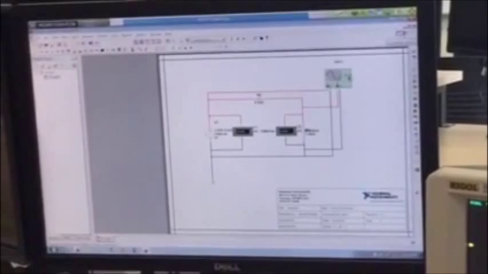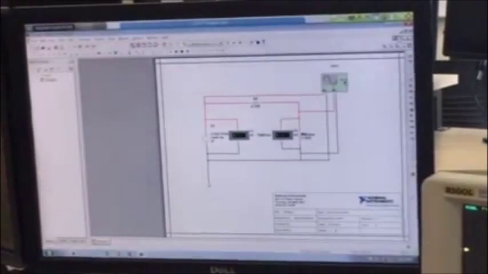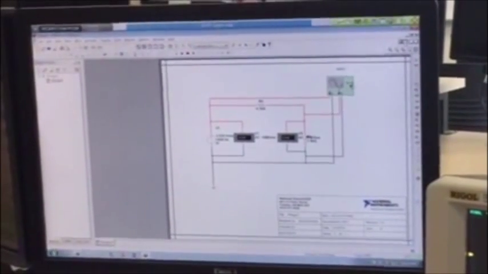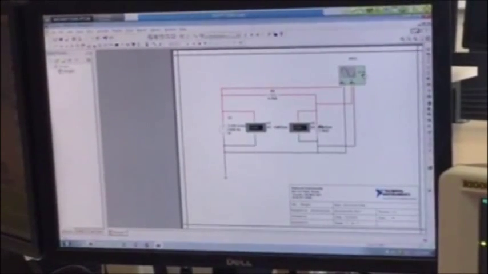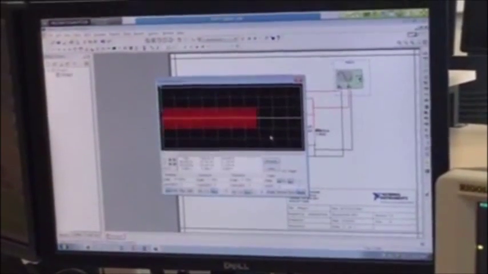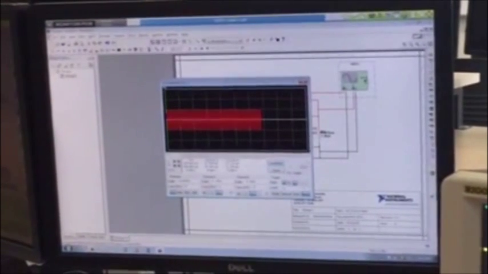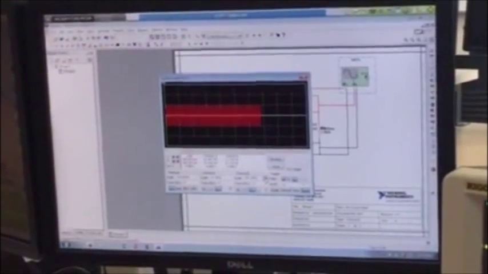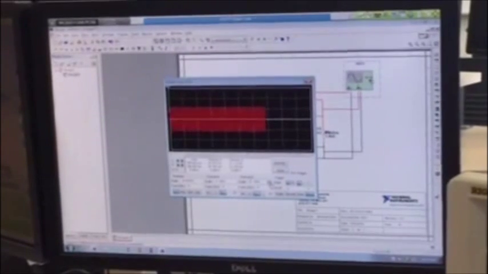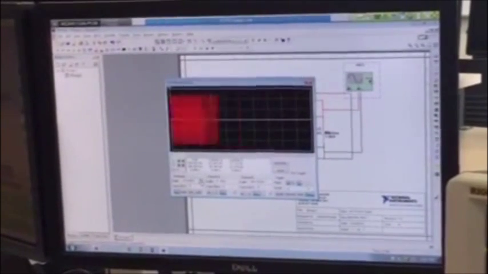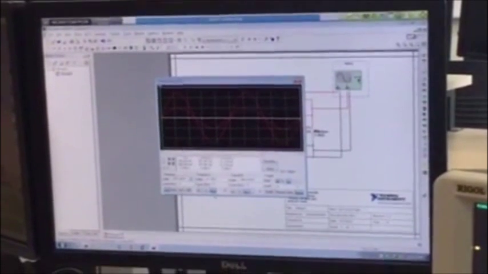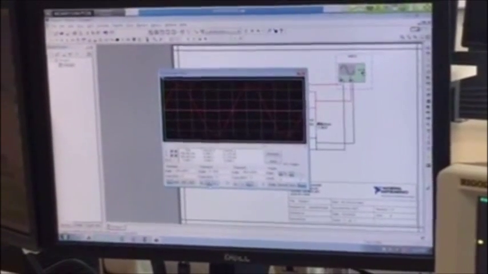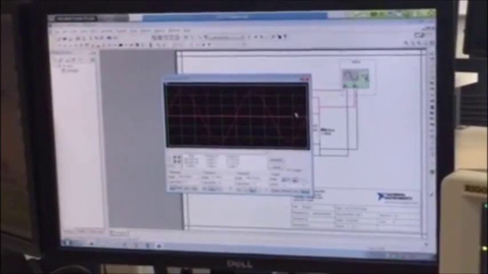And now we're going to run the simulation. Okay, and that's the completion of the circuit.